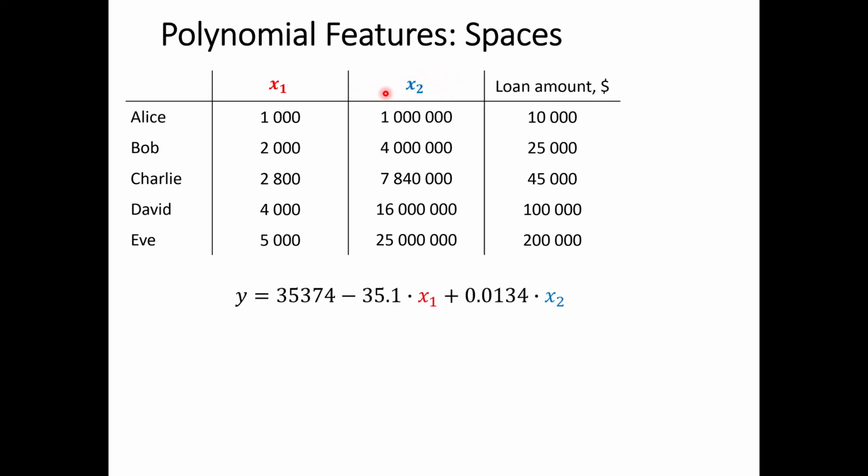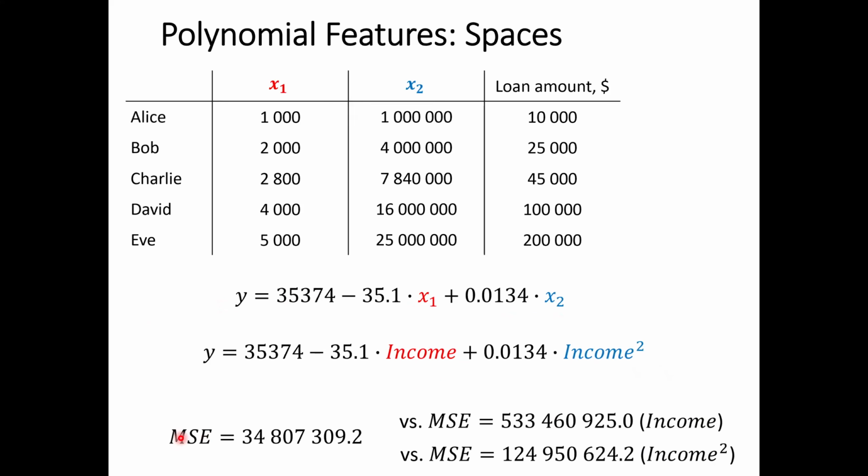Then the linear regression equation will have the following form. And if we go back to the original notation, it will look like this. The mean squared error for the models with both features will be even smaller than for the models that use income or income squared separately.